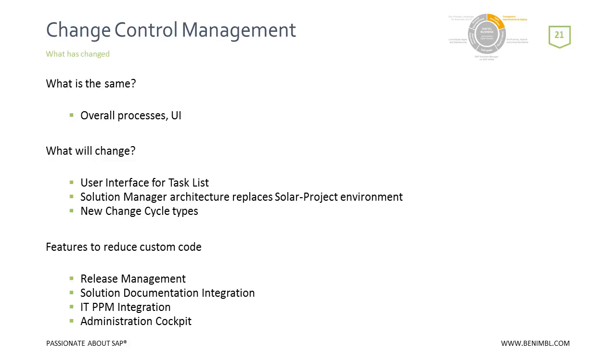So you still have RFCs, requests for change. You still have normal change, urgent change, general change, admin change, and defect corrections. None of that has changed. The workflow has not changed. The screens for the change document stay the same. So the overall process and the UI is exactly the same.